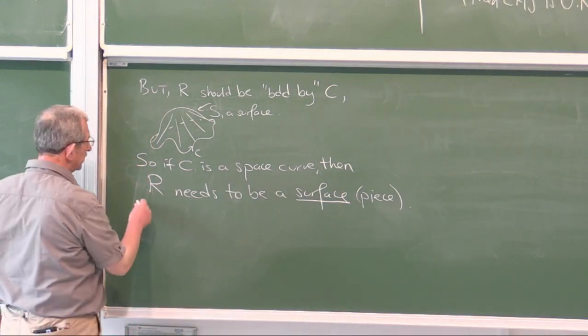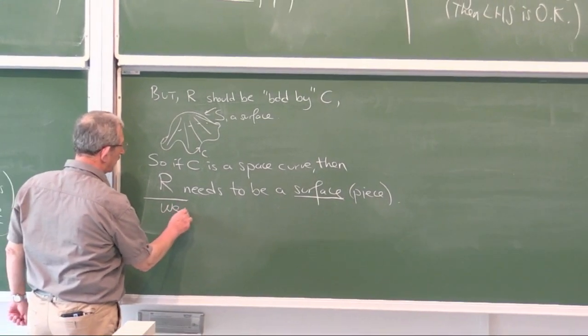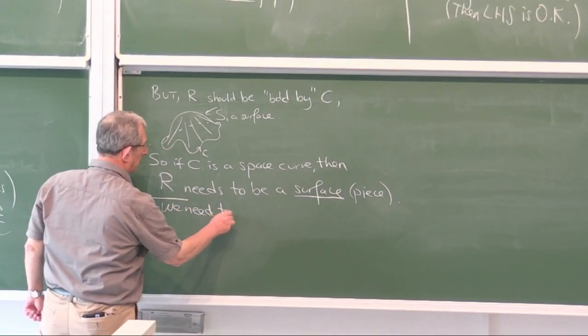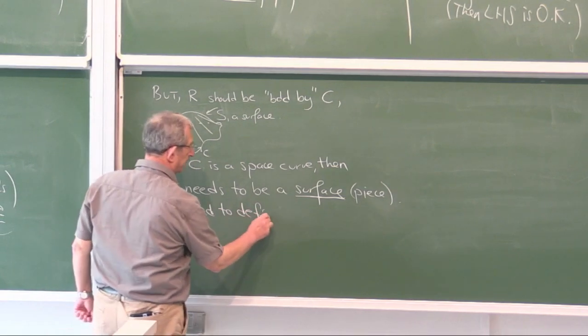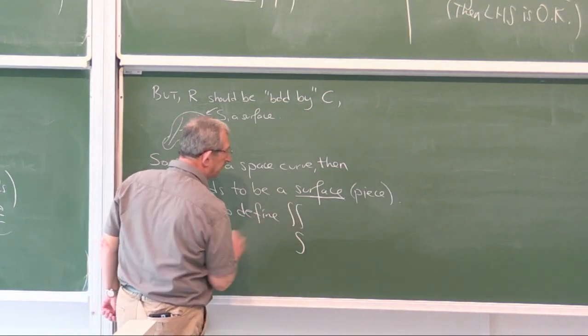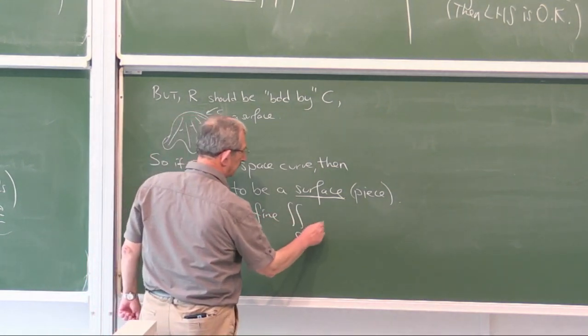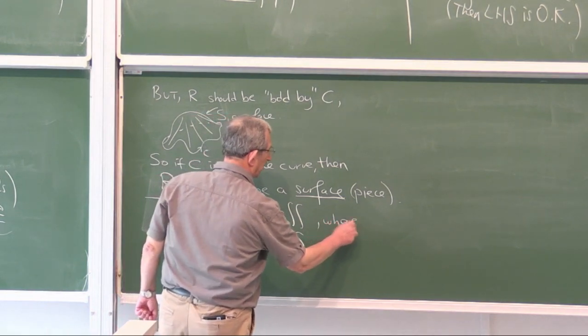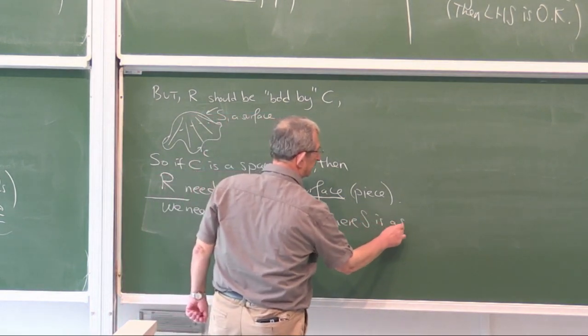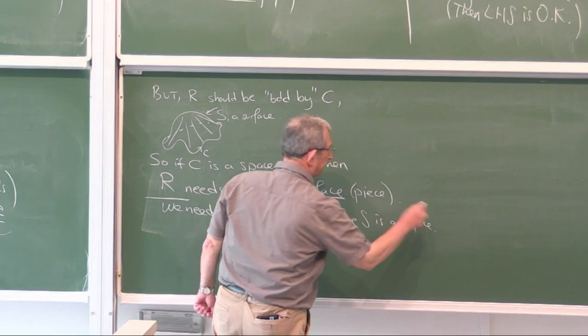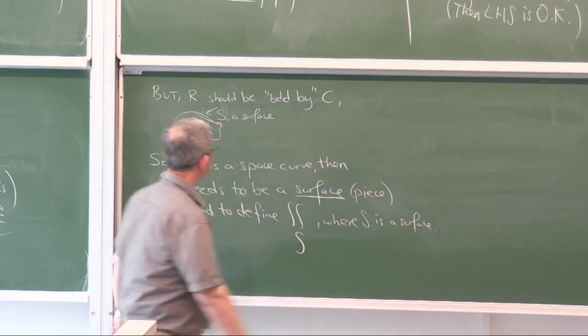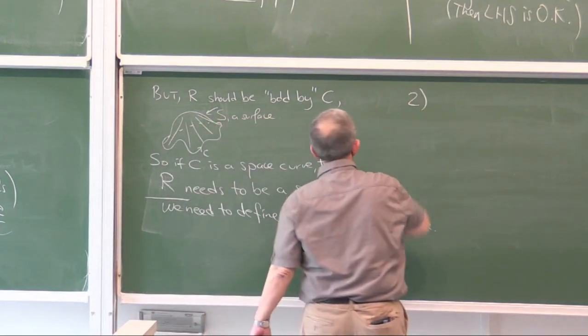This means that we need to define something like a double integral, but S is a surface. So this is one problem. A second generalization is the following.